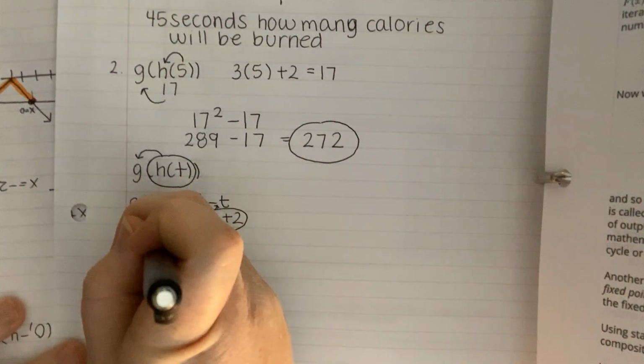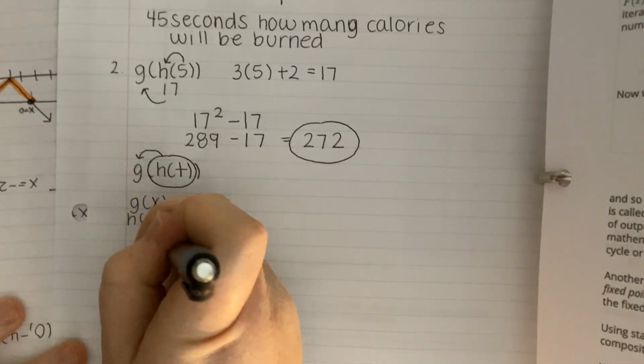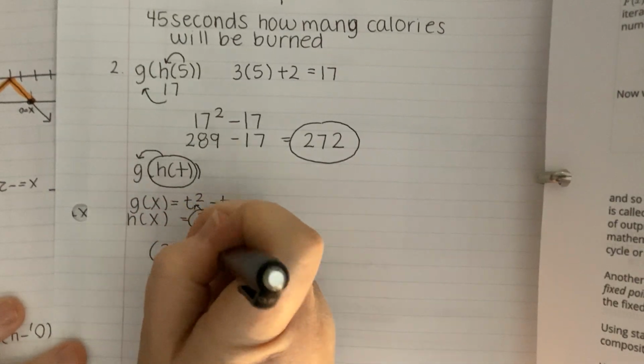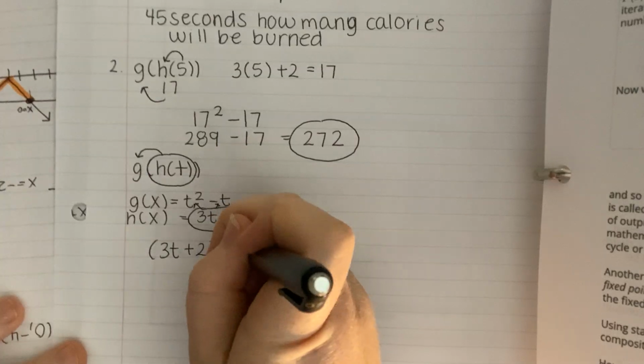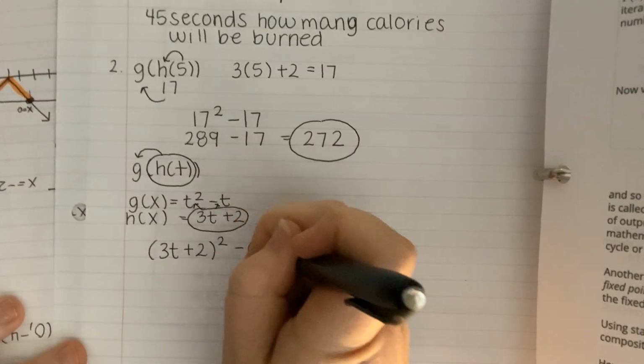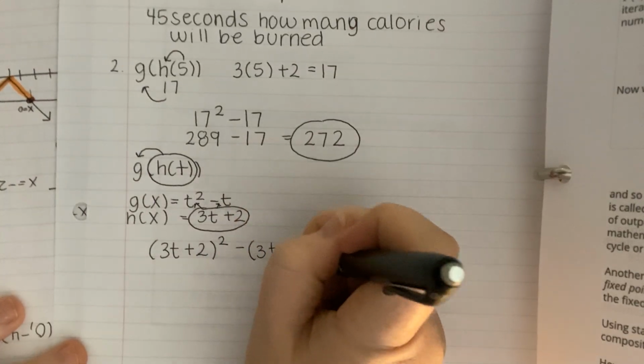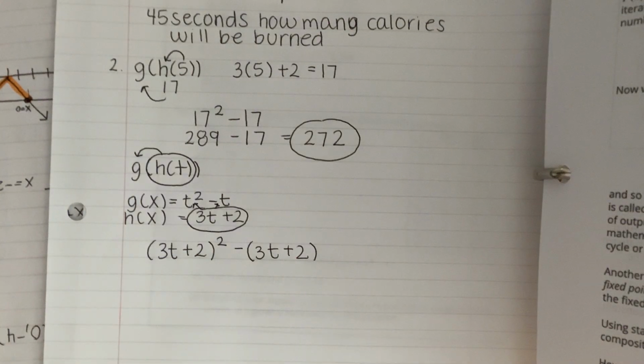So it's going to end up being 3t plus 2 squared minus 3t plus 2. We just plugged it in for each one of those variables. Now the big thing is where we get into the algebra. You have to be able to multiply these out.